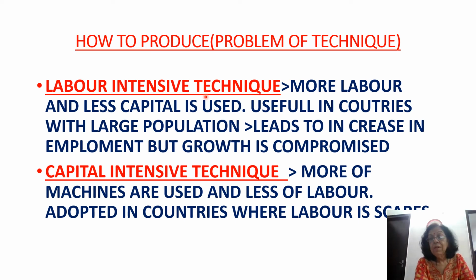At the same time, the economy will have to decide where they can use labor intensive technique and where they can use capital intensive technique, so that people get employment and growth rate is also high. In capital intensive technique, developed nations use machines, but sometimes they lack labor, so they might have a problem in producing the goods and services they wish to produce.